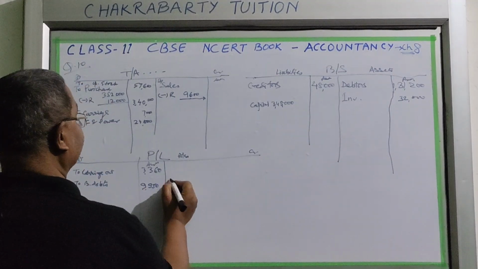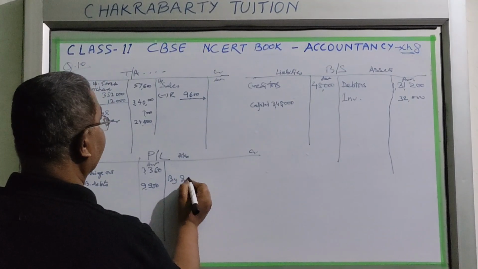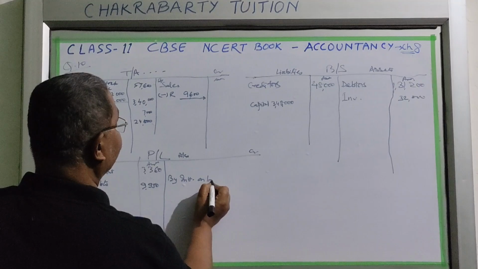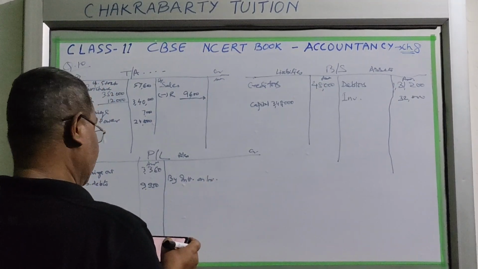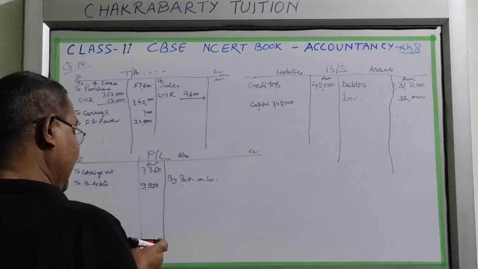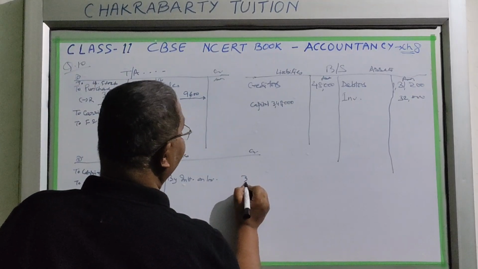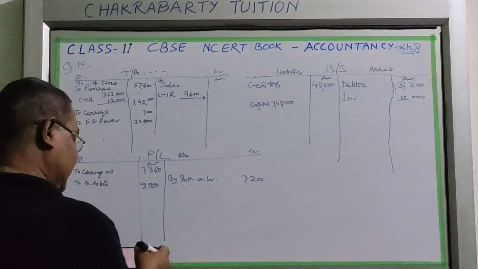Interest on investment, it is the income by interest on investment. Interest is a credit entry. So where will you write? You will write on the credit side. It is a revenue income for this year.